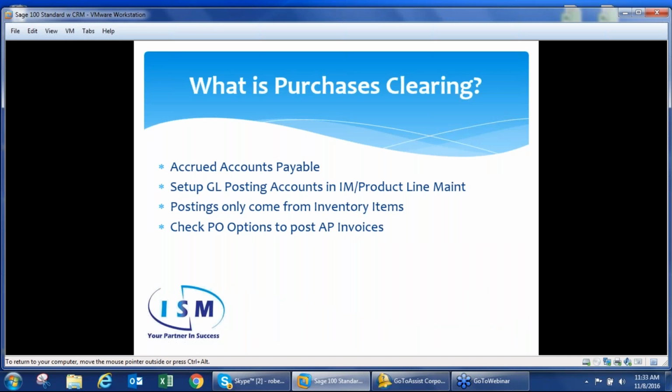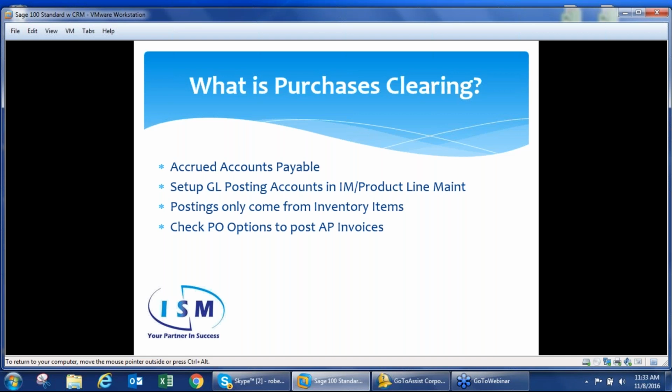Well, essentially it's a balancing account in the accounting system that allows us to reconcile the GL when we receive inventory or we receive goods separate from receiving the invoice. This is more of an accounting function in that when we receive goods from the PO module and it's at a separate time from the receipt of invoice, of course, we have to debit inventory for recording the inventory that came into the warehouse.